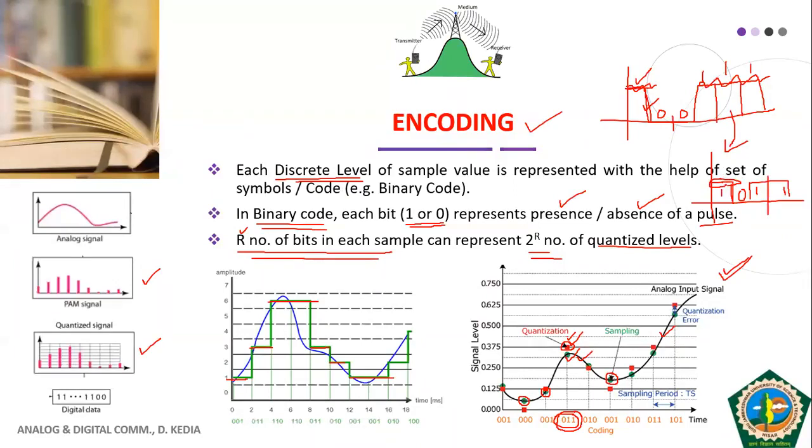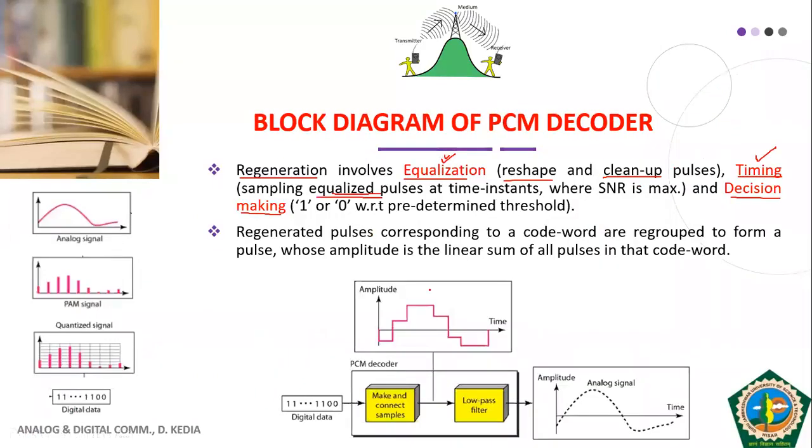So where should I sample that? At this instance, I will assume it as 1. So I will detect whether 1 is there or not at that point in time where my SNR is maximum. I will sample equalized pulses at those time instances where my SNR is maximum, so that I am able to detect my signal correctly. So after equalization, next is my timing.